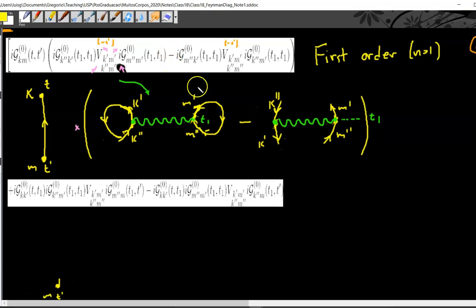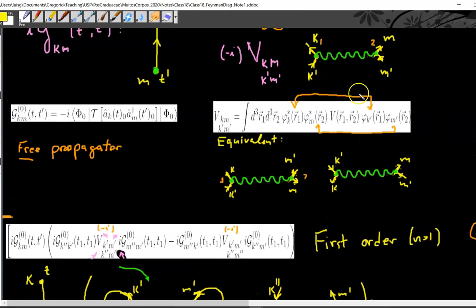Now notice the minus sign over it, but here I have something similar, and I just drew the wavy line diagram here, but now I did it in a twisted form. Remember that I mentioned that something like this is equivalent to, if I twist, say, one of these legs, an equivalent diagram.